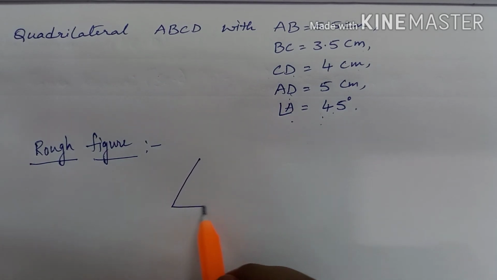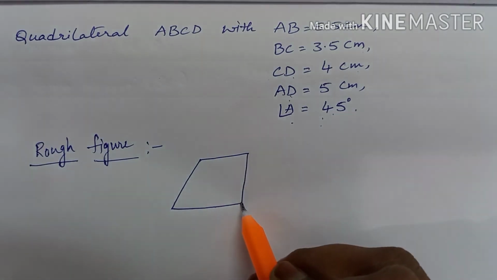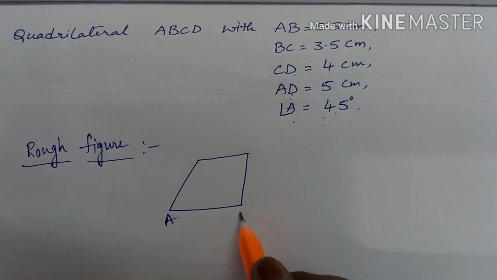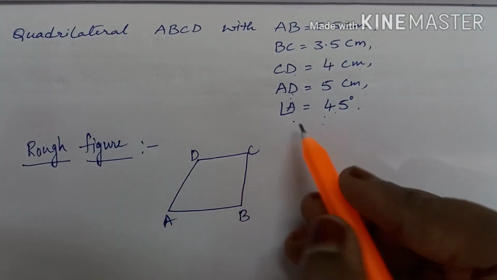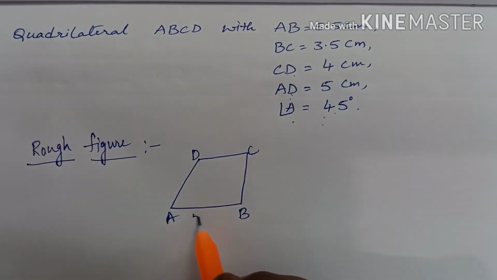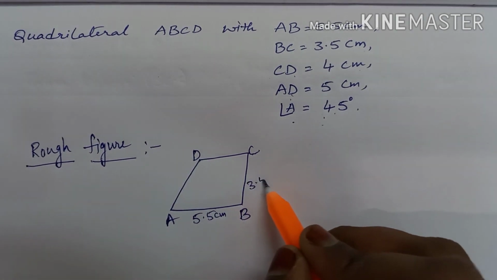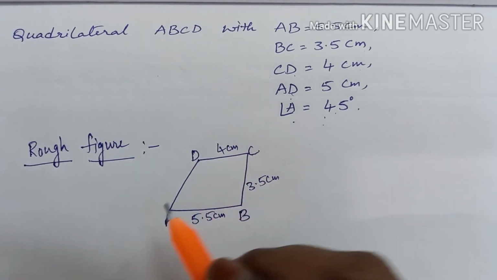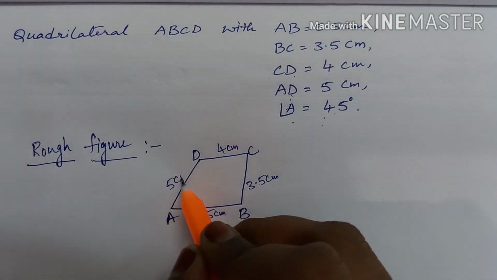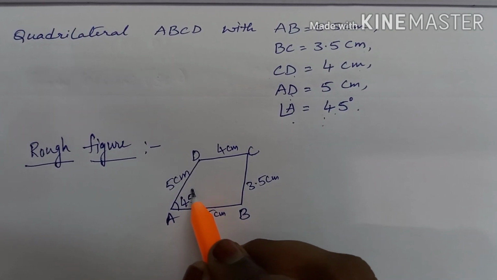So A, B, C, D. AB 5.5 centimeters, BC 3.5 centimeters, CD 4 centimeters, AD 5 centimeters, and angle A 45 degrees.